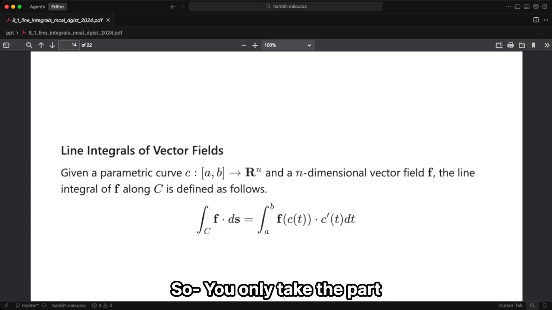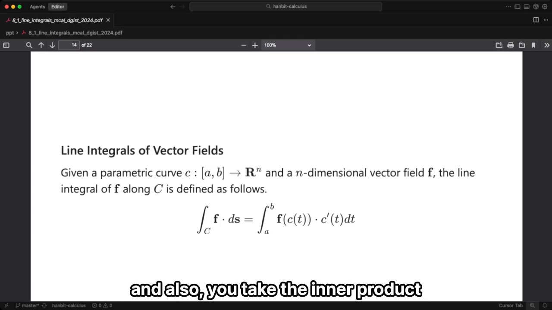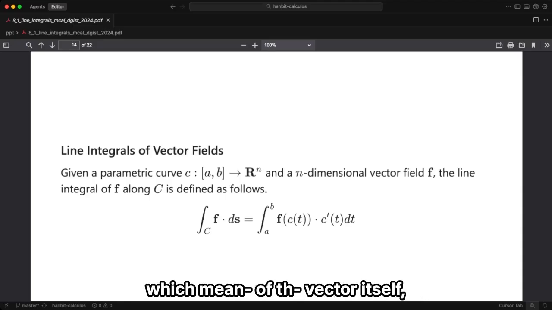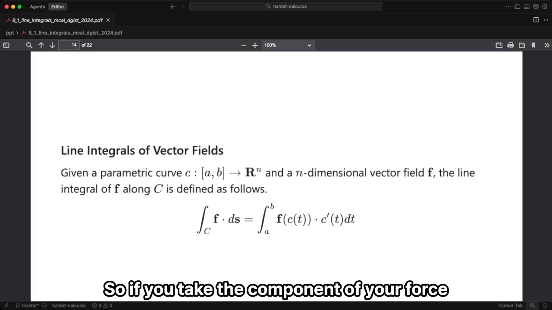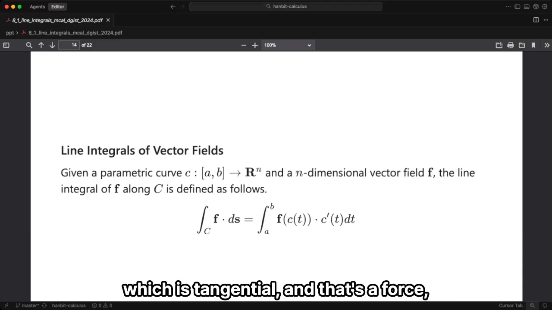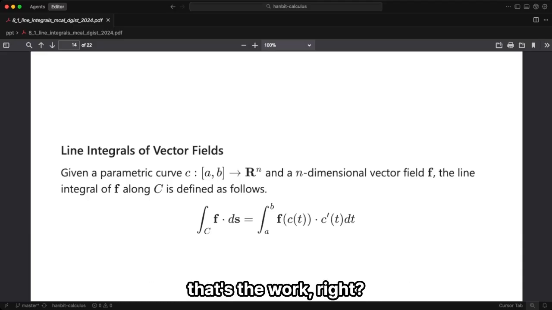So you only take the part that is tangential to the movement, and you take the inner product, which means you want to measure the exact amount of movement. You want to keep the length element too. If you take the component of your force which is tangential, and multiply that with the length, that's the work, right?